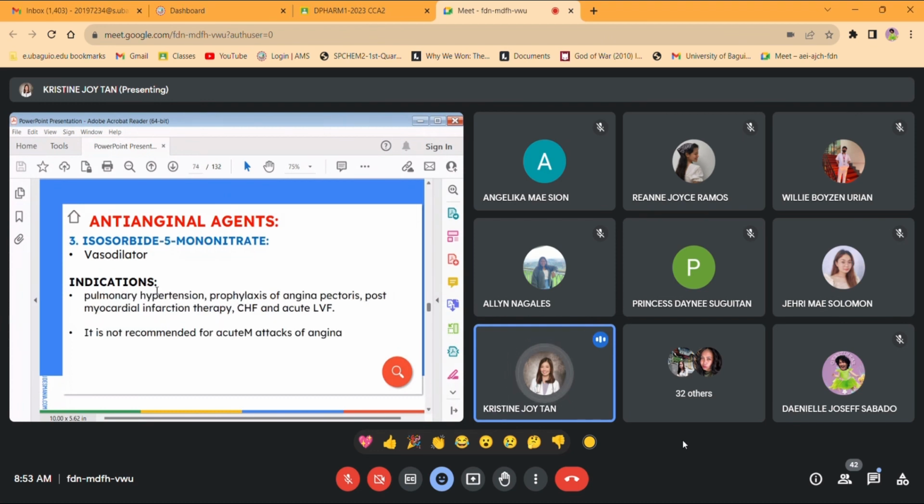So, isa pa sa madalas ginagamit is this, your isosorbide 5-mononitrate. So, madalas na ginagamit yan, your isosorbide dinitrate and your isosorbide 5-mononitrate. So, this is also a vasodilator. Indications, you use it in pulmonary hypertension, also prophylaxis for angina pectoris, and after myocardial infarction therapy.